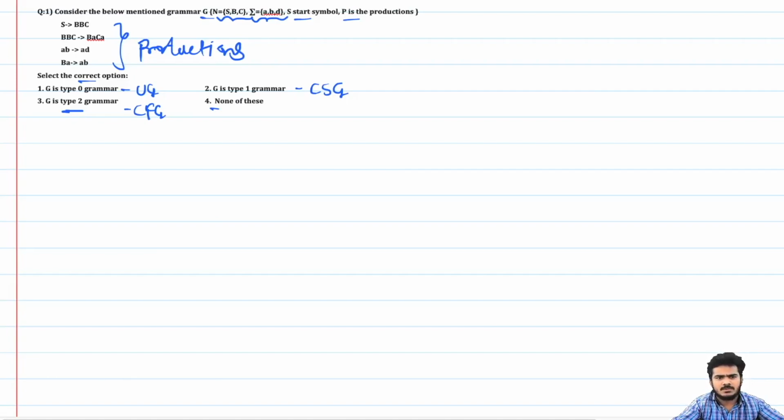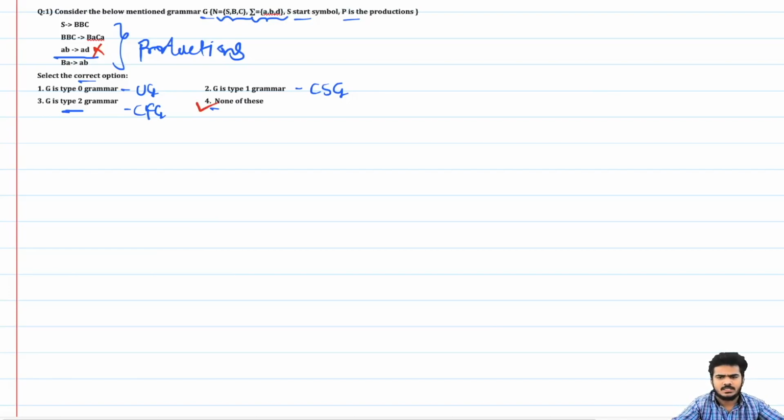AB produces AC means some terminals are producing other symbols, which violates the definition of a grammar, as terminals cannot derive anything. Terminals cannot derive anything. So this production is not valid in any type of grammar. So we can say that this is not a type 0, type 1 or type 2 grammar. So the correct option is none of these.